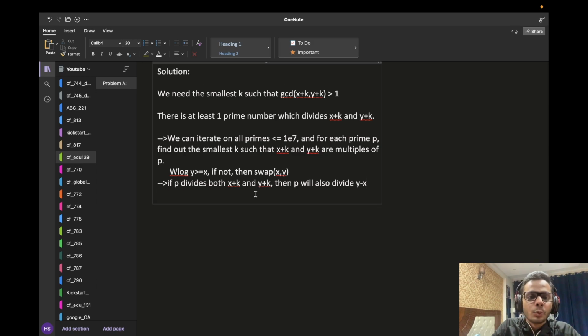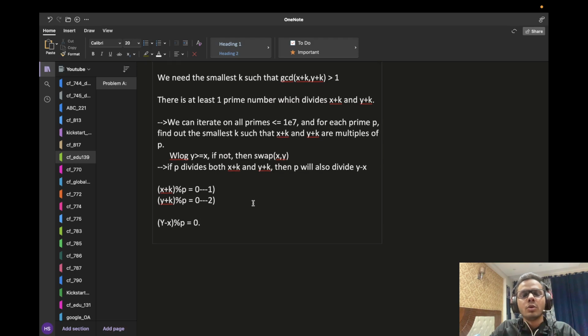Now why is that true? That is true because if p divides x plus k, then x plus k modulo p equals 0, and y plus k modulo p equals 0. If we subtract these two, it's also a very well-known theorem actually, but for the sake of completeness, I'll just prove it. I'll subtract 1 from 2 and we get y minus x modulo p is equal to 0.